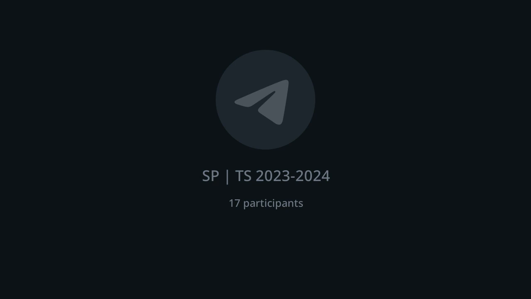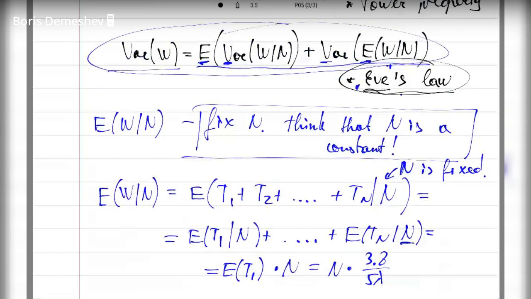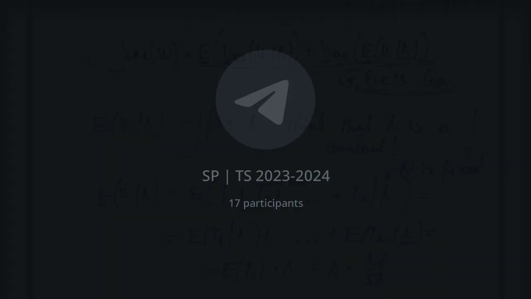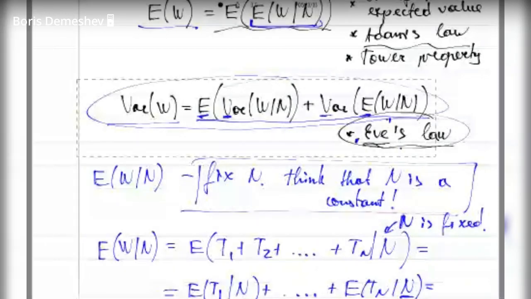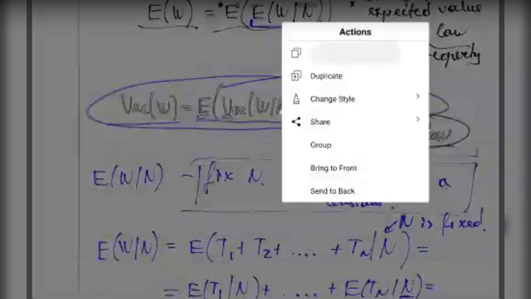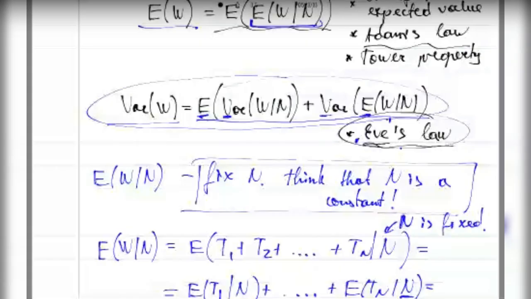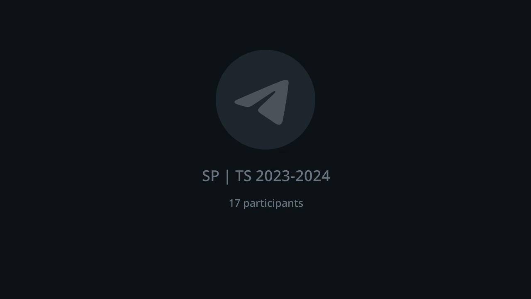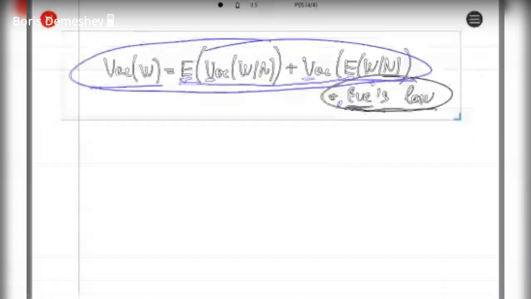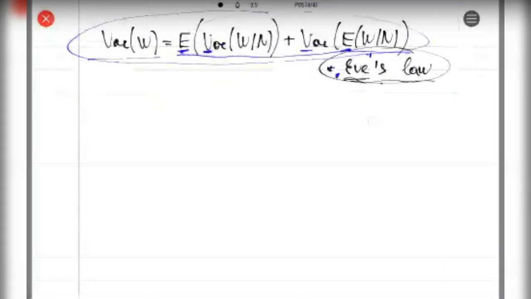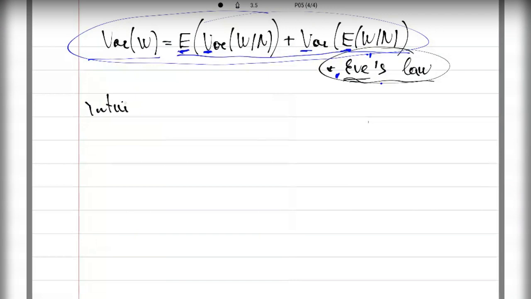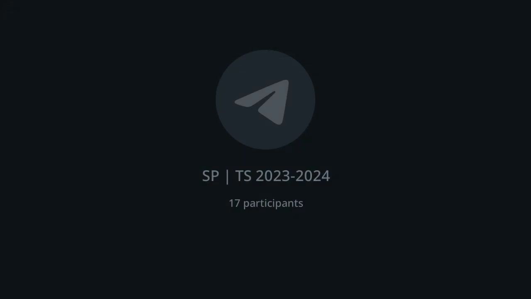So let's consider two particular cases. My hint for how to remember this formula, how to get it, is probably the intuition behind it. There is a geometric intuition behind this formula.